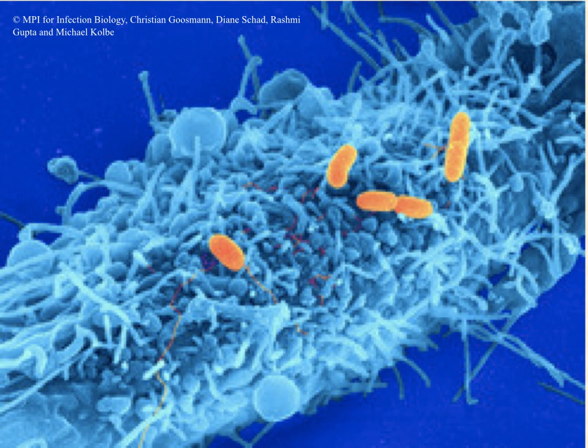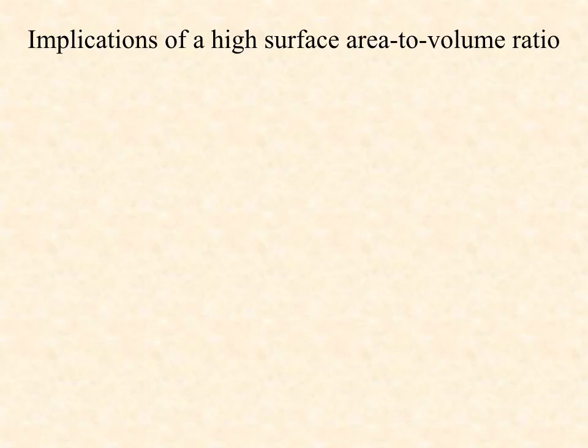What we're going to do now is think about what the implications are biologically of this high surface area to volume ratio that we see among the prokaryotes. The first thing that this does is it creates an increased rate of nutrient and waste exchange.